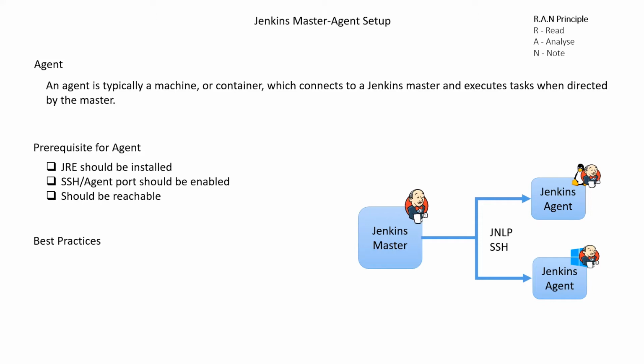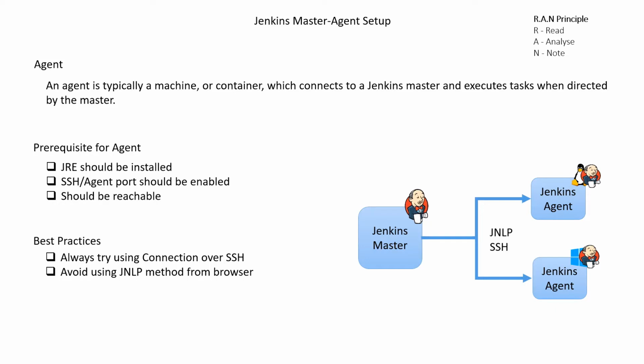Now coming to the best practices. If we are connecting to a Linux machine, what are the best practices? One is to always try to use a connection over SSH keys, and the next is to avoid using the JNLP method from the browser. When you create a Jenkins agent on the master, it creates a JNLP file.